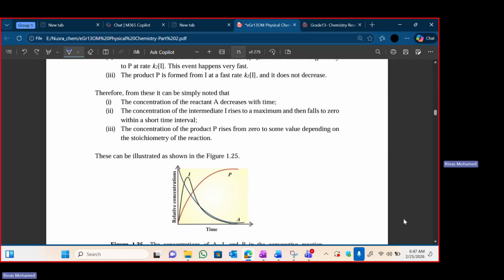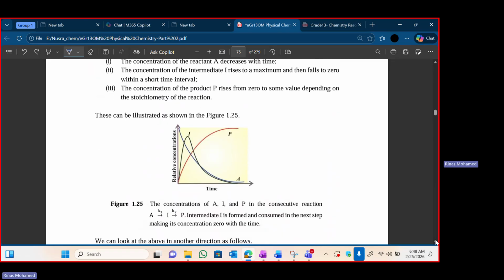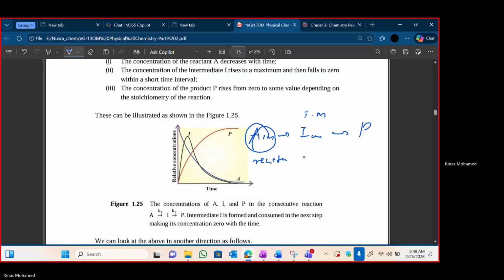This graph describes the concentrations of A, the intermediate and the product. A is the reactant, first it turned into I, and after that I gives the product. This is the intermediate. This is the reactant, A. This is the product.